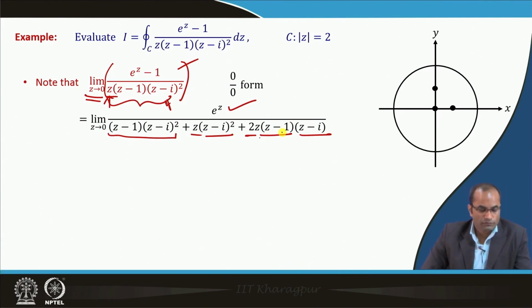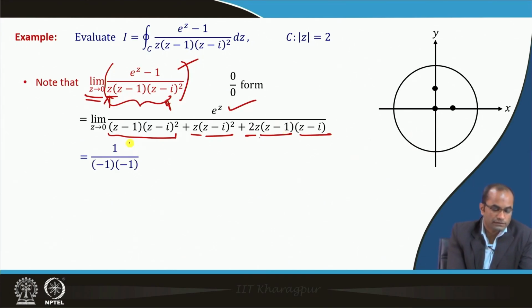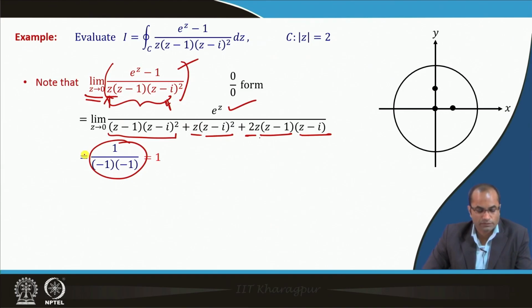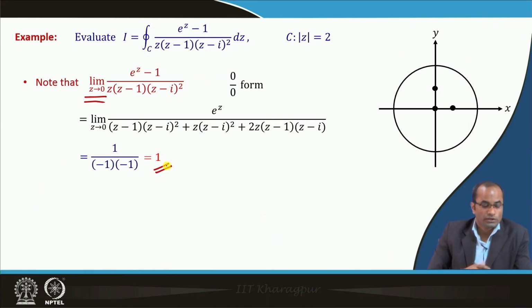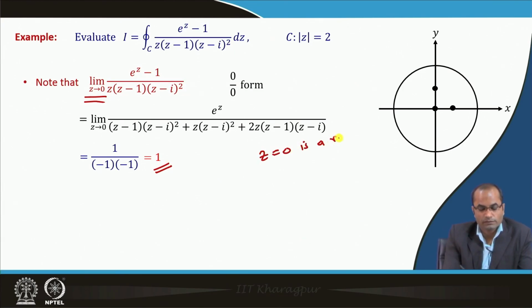By doing so, we can pass the limit, and we observe that this is 1 over minus 1 into minus 1, that is 1. So, the direct limit as z approaches 0 is 1. That means z equal to 0 is a removable singularity.